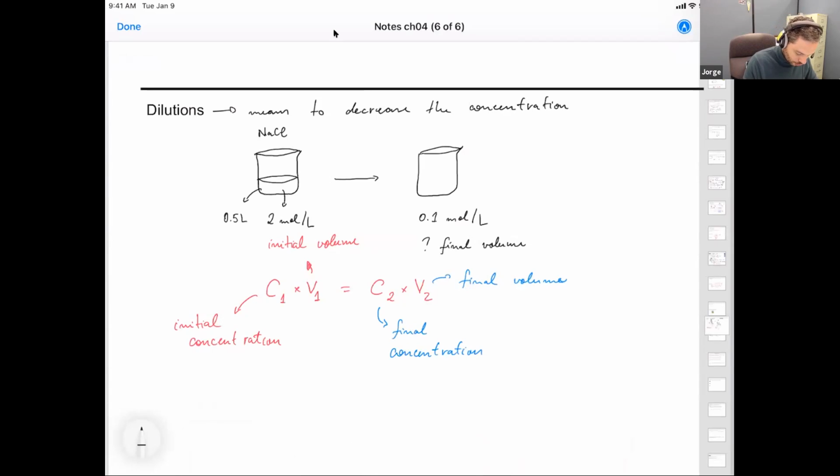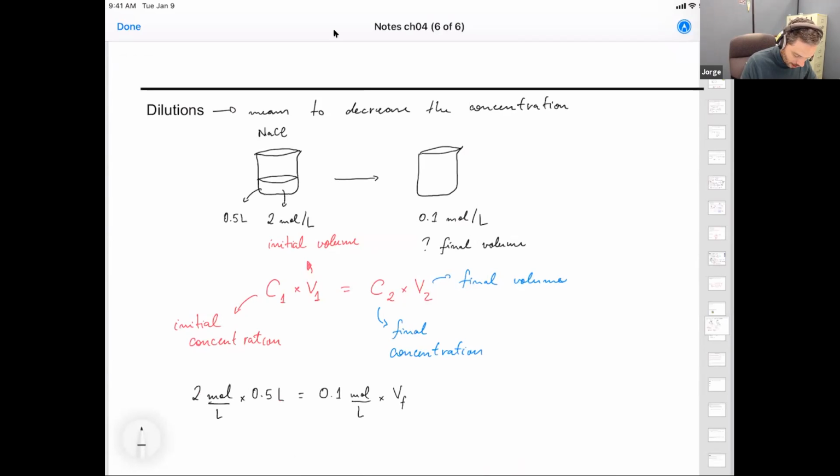We have a solution with initial concentration 2 mol per liter and initial volume 0.5 liters. At the end, we need to obtain a solution with a concentration of 0.1 mol per liter.